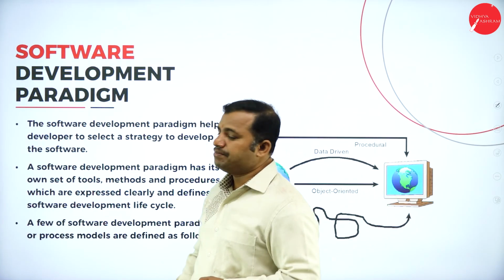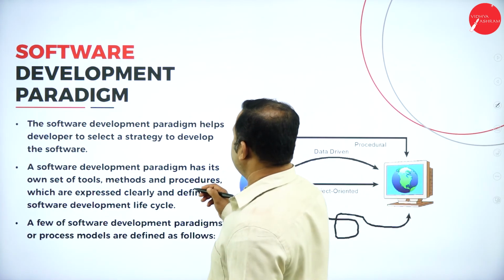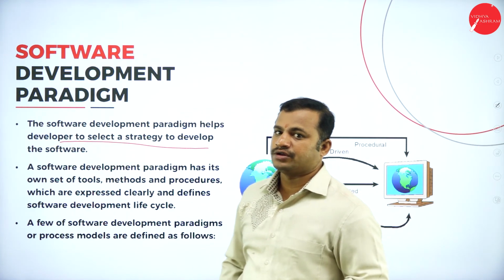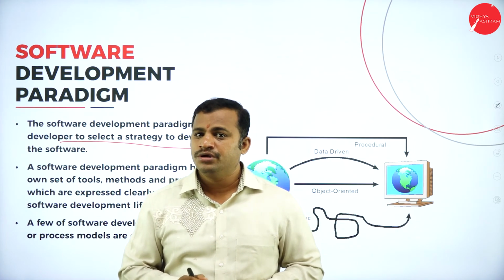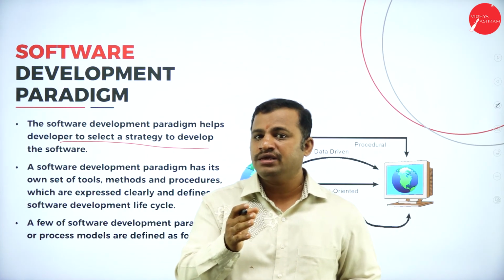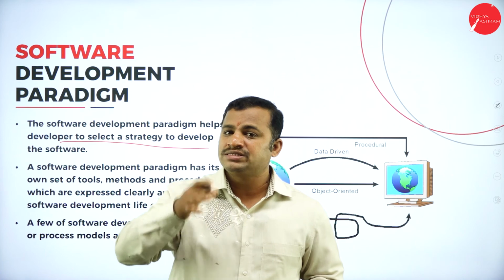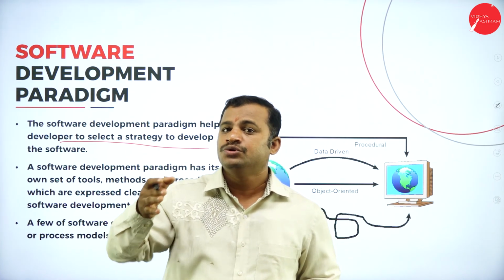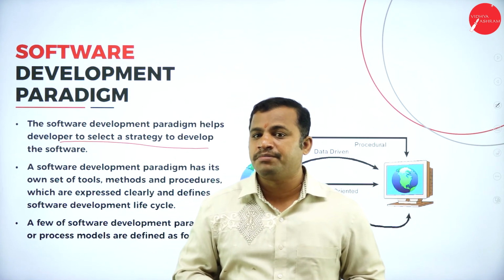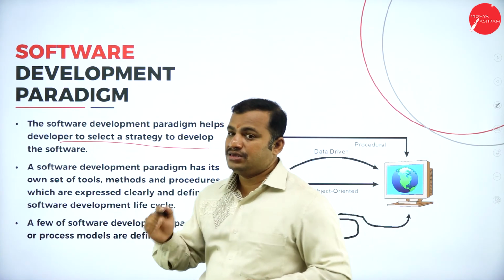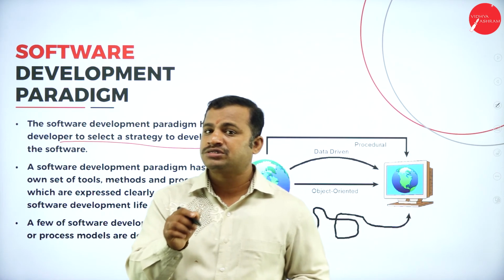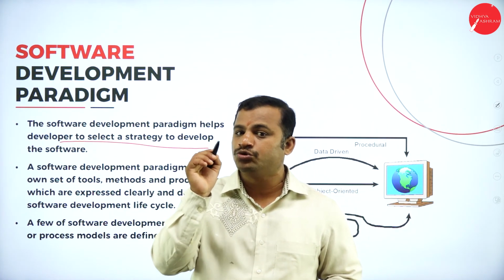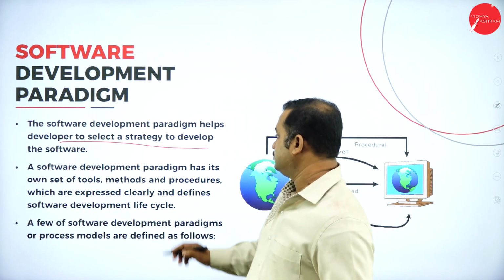Then software development paradigm. In this case, a paradigm helps the developer to select a strategy to develop the software. As I have already told you, software is not just a code or a program. It is an executable form of a program that helps the users to use the software product developed by the developer. That is why he has to take precautionary measures and suitable actions must be taken to build a suitable software product.